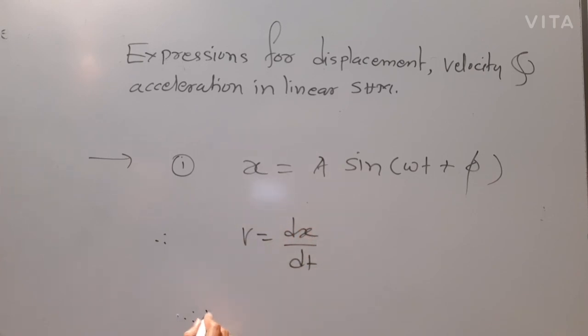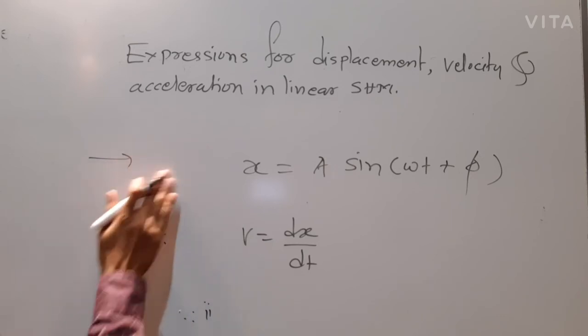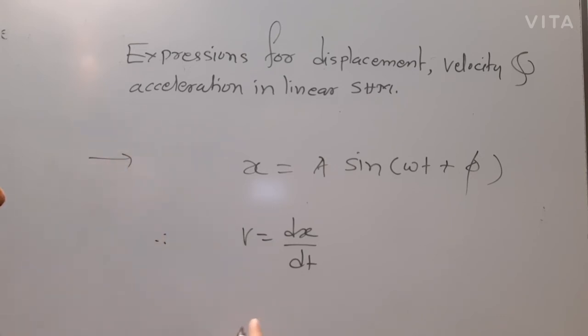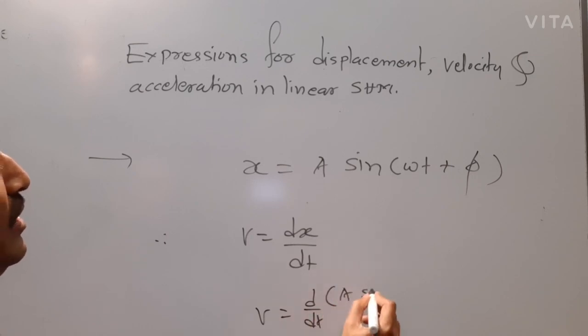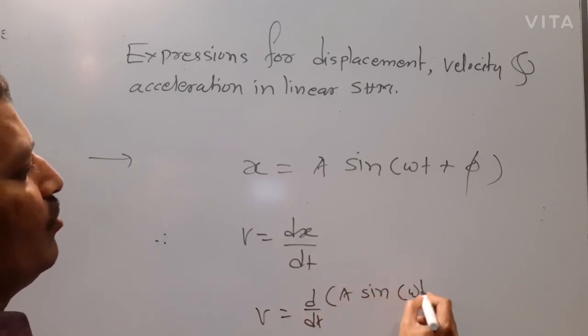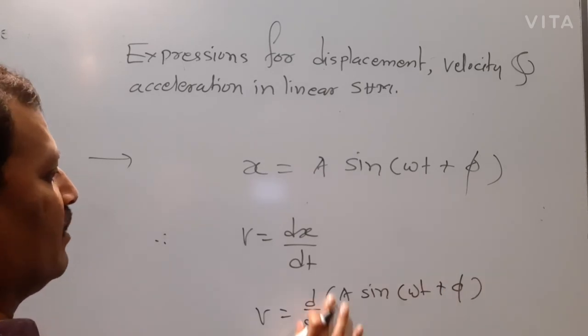and so for our next, don't denote it 1, 2, 3. Therefore v is equal to d by dt of A into sine of omega t plus phi.